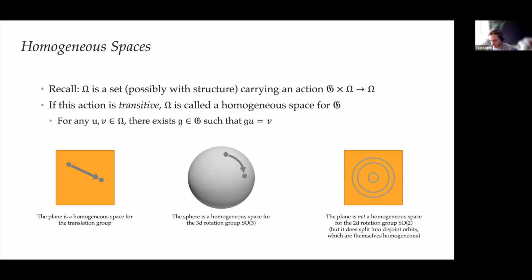That's indicated here by these circles. But points at different distance to the origin, they cannot be mapped into each other by a rotation. So this space splits into these orbits, these circles, whereas in other cases there's only one orbit. Any point can be mapped anywhere else in the space by an appropriate symmetry transformation. So those are homogeneous spaces.